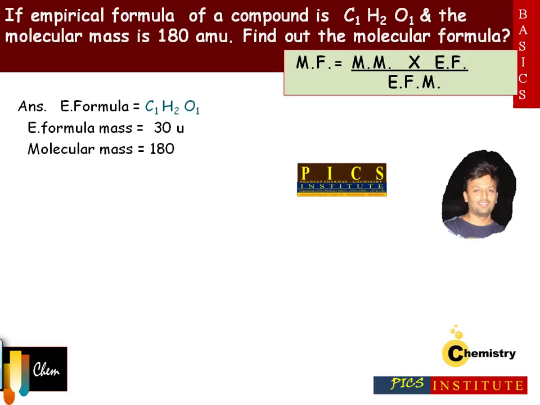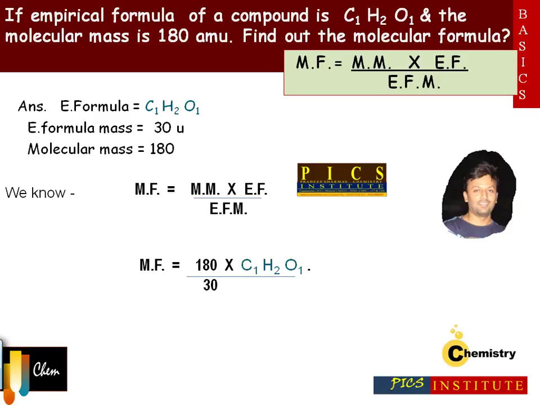So the statement possesses the value of molecular mass, hence we'll use the formula molecular formula is equal to molecular mass into empirical formula divided by empirical formula mass. So after putting the value, we'll get our answer as molecular mass is 180, empirical formula mass is 30, and the empirical formula is C1H2O1.